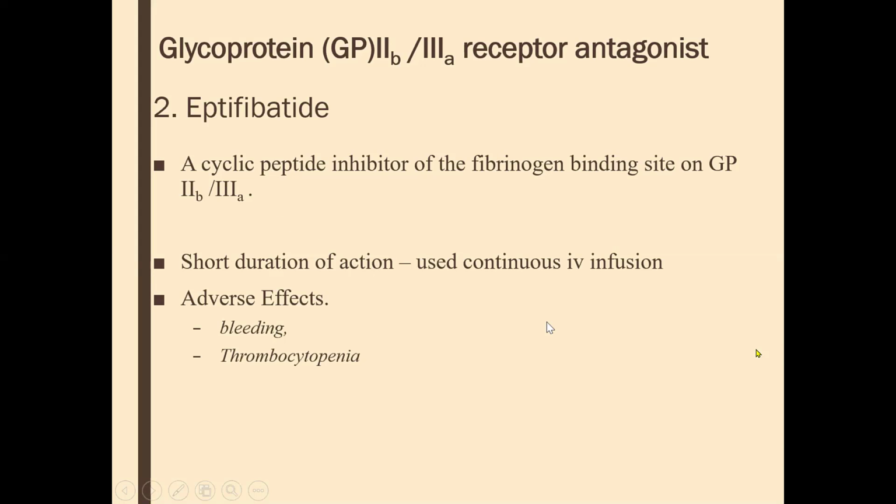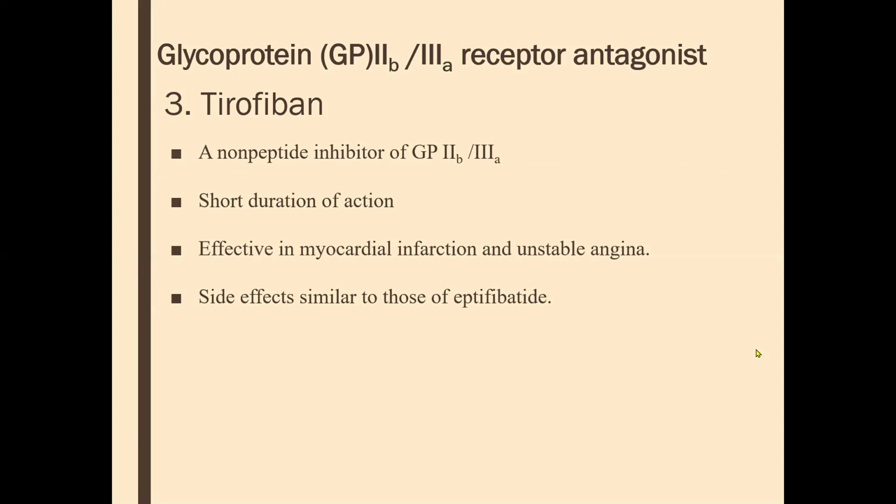This has a shorter duration of action, and because of that, it has to be used as a continuous IV infusion, right? The action lasts only for a few hours after the stoppage of the infusion. Adverse effects are similar: bleeding and thrombocytopenia. See, you don't need to get confused about the adverse effects. Aspirin's you already know. Besides bleeding, of course, thrombocytopenia is another major adverse effect.